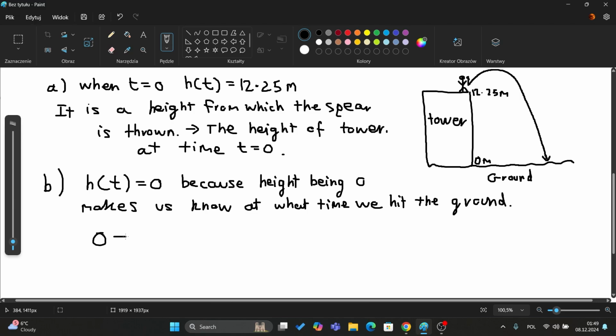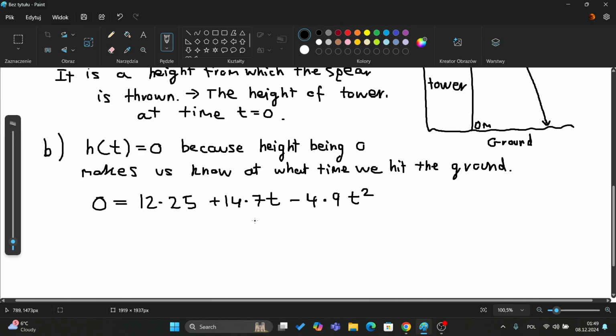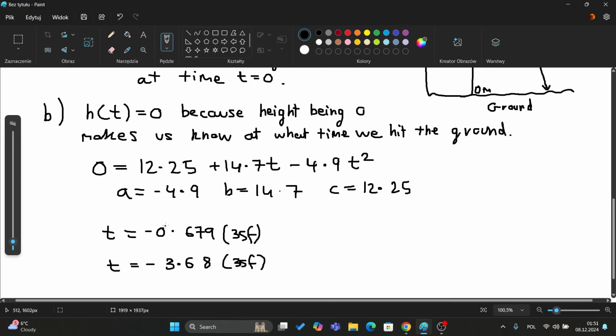So 0 equals, now we solve this using the quadratic formula. A equals minus 4.9, B equals 14.7, and C equals 12.25. Now t equals negative 0.679 or t equals positive 3.68.